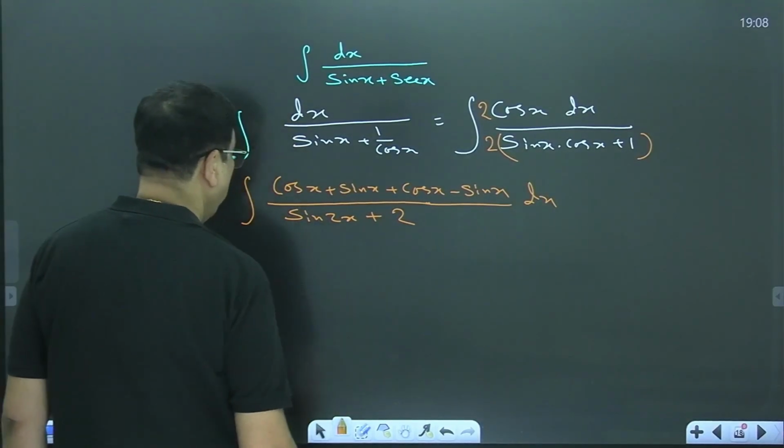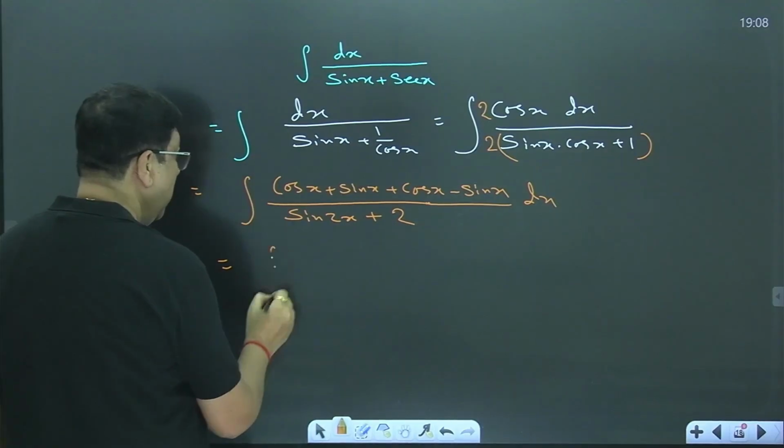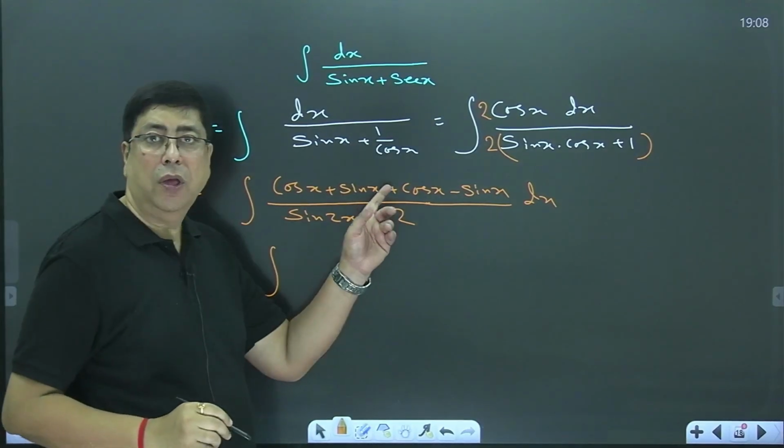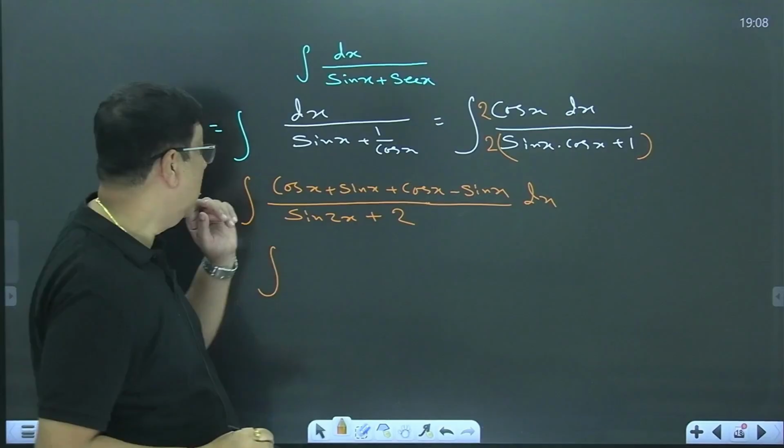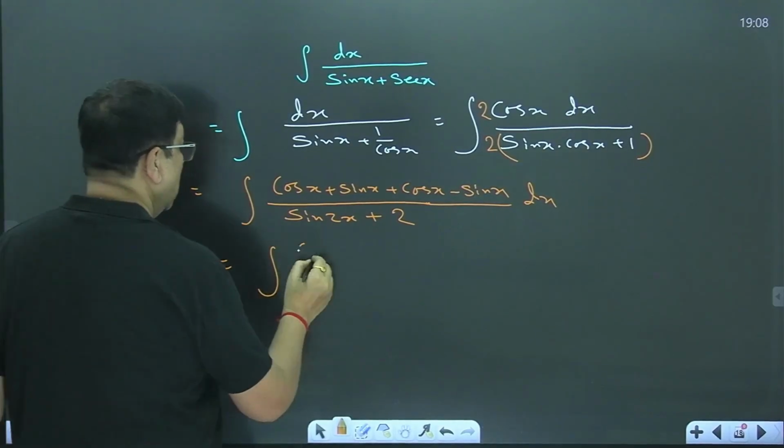Therefore I can separate from the middle. We separate here, and what do we get?